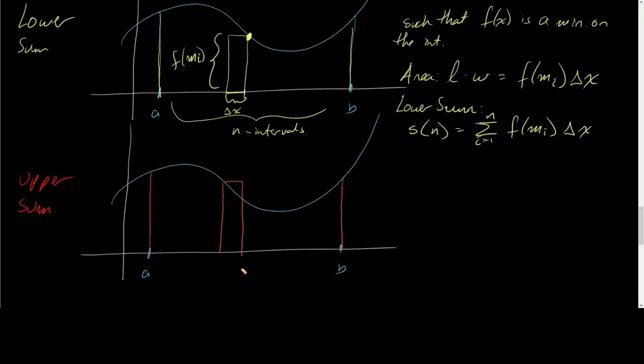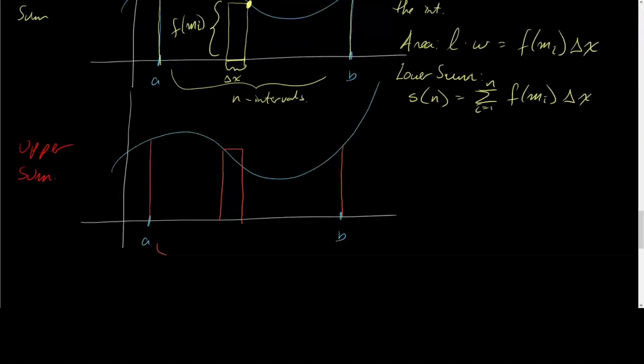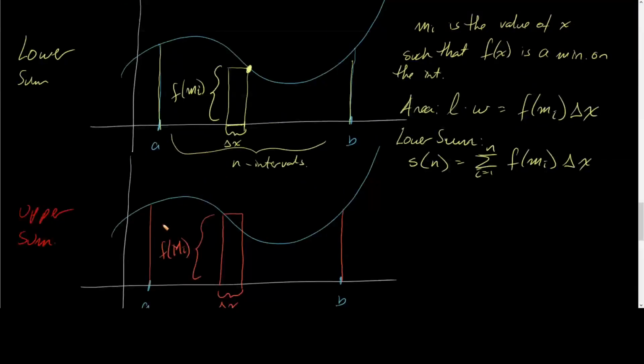This is still going to be split up into n intervals, and this is still just the width of delta x. But now the height of this rectangle, I'm going to call it f of capital M sub I. And we're going to have a similar definition for that M sub I.